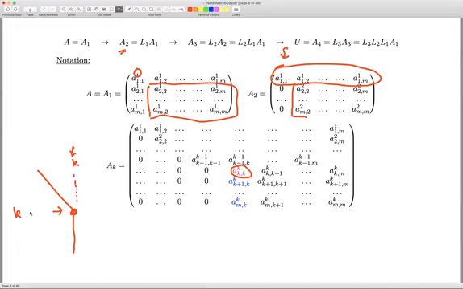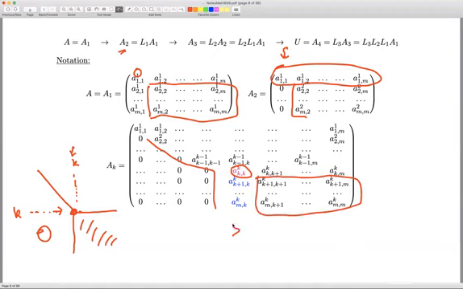So the elements in the kth column below the pivot, at the kth step, everything here will be 0. What we are going to change is all the elements below the kth row, all these elements here, at the next step. And all these elements that are in blue will end up with 0 at the next step.